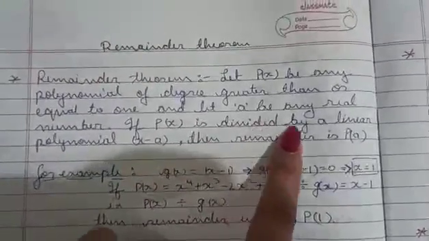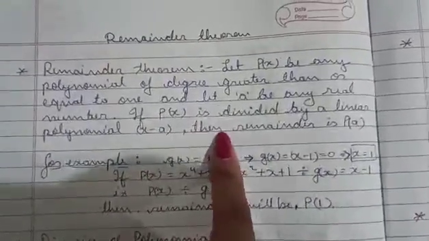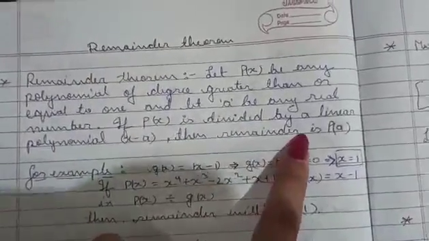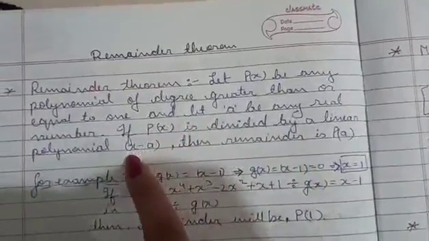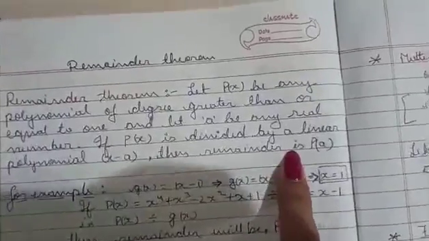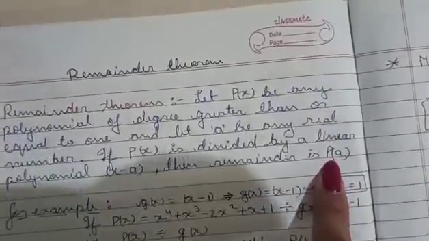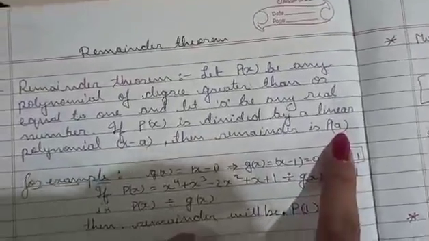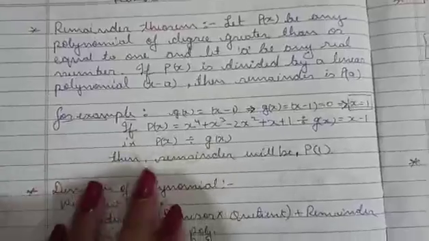If p(x) is divided by the linear polynomial x minus a, then the remainder of the division of p(x) by g(x) will be p(a), and p(a) is the value of the polynomial at x equals a. Now let us understand this with some examples.